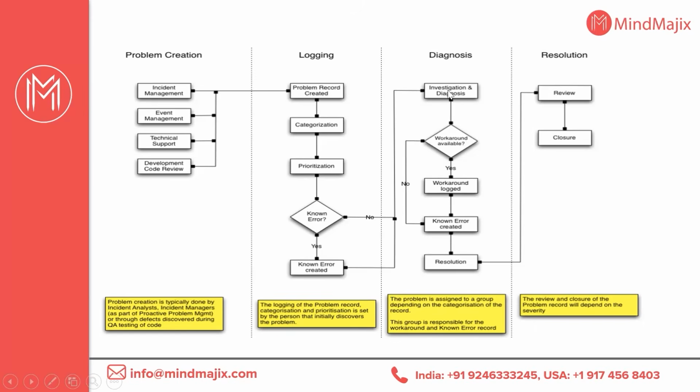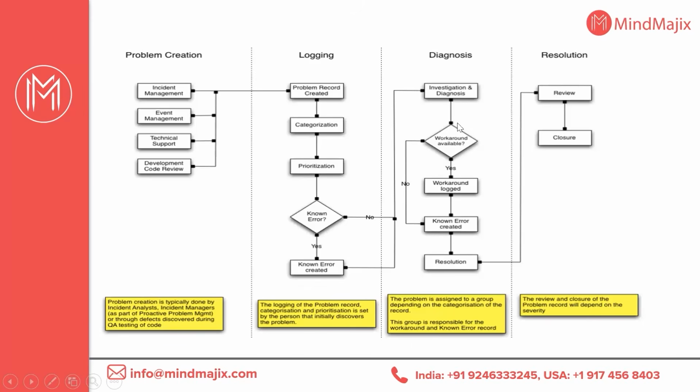I'll be coming to that point here. So the next step is diagnosis. Investigation and diagnosis will happen. Workaround available is a question mark: whether a workaround is available or not. If the workaround is available, only then you can create a known error or go for resolution. If you don't have a workaround, you can't create a known error.